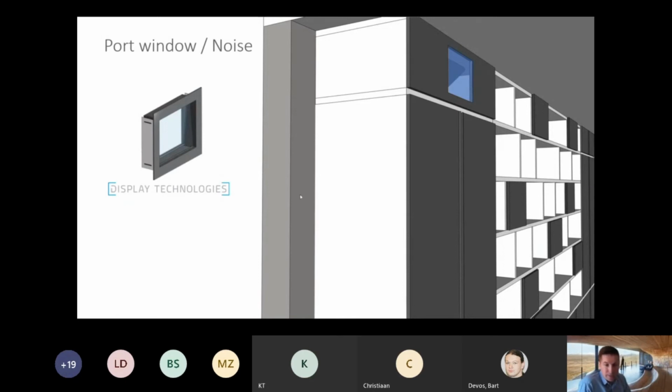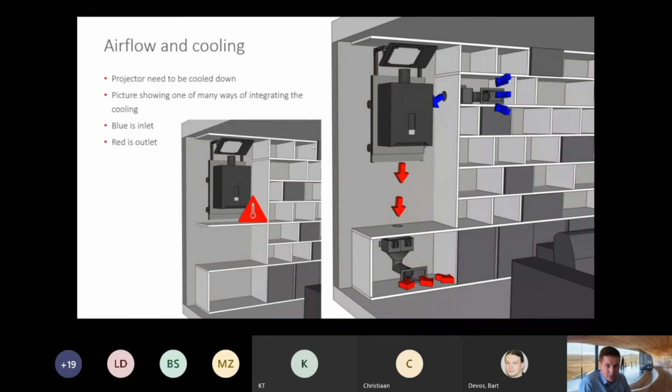If you close down the cabinet completely, you don't have any place to get rid of the air. So that's where this comes in. We took another shelf of the bookshelf and put in a fan where you pull the cold air in, coming in onto the side, cools down the projector, and the hot air that goes out in the bottom is then sucked through the fans in the bottom.